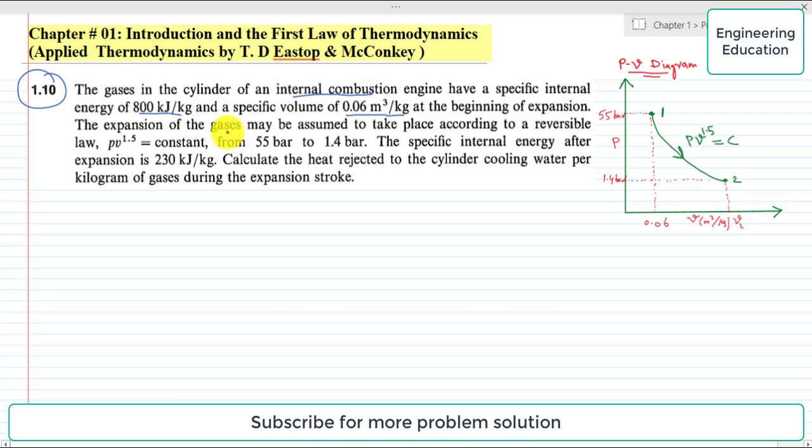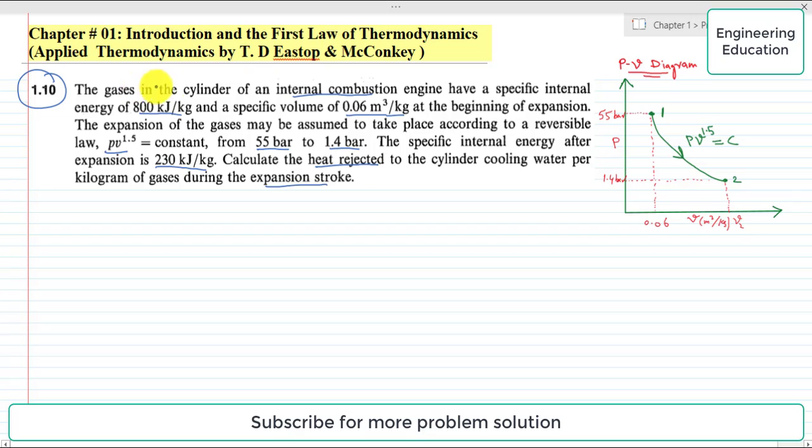The expansion of the gases may be assumed to take place according to a reversible law, PV^1.5 equal to constant, from 55 bar to 1.4 bar. The specific internal energy after expansion is 230 kJ per kilogram. Calculate the heat rejected to the cylinder cooling water per kilogram of gases during the expansion stroke.